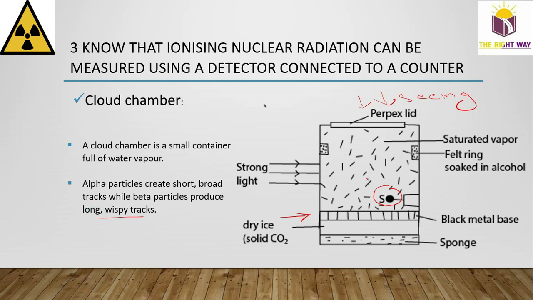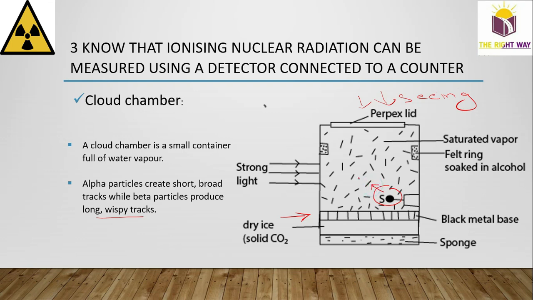When an alpha particle passes through the vapors, it ionizes the vapor, and atoms get excited and de-excited. In the de-excitation, they emit radiation in the form of light, and you will see different colors of light over here. From these tracks, we can detect the radiations as alpha particles or beta particles.